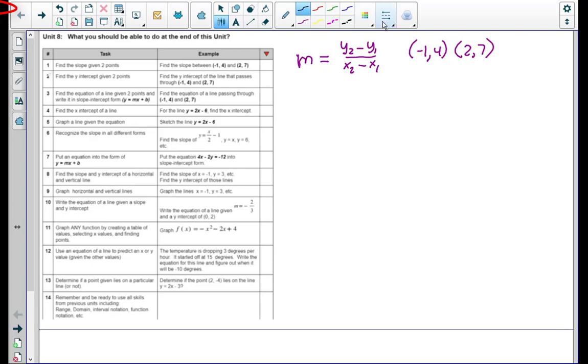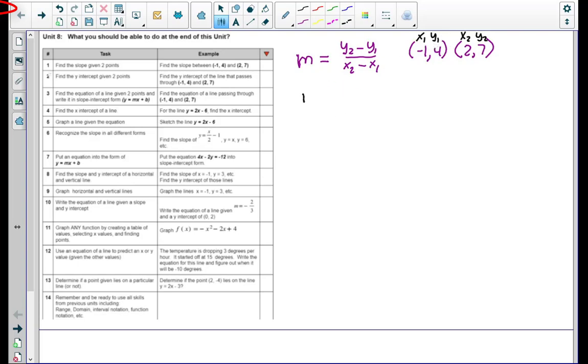So the notes will tell you, let's first label these x1, y1, and x2, y2. That just means the first x value, the first y value, the second x value, the second y value. It doesn't matter the order, so you could have x2, y2, then x1, y1, but the numbers have to match.